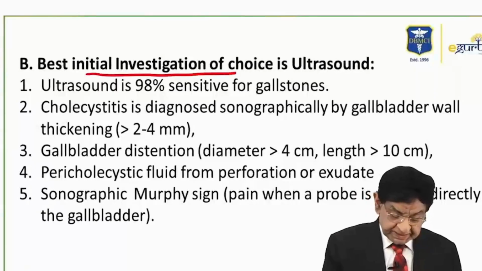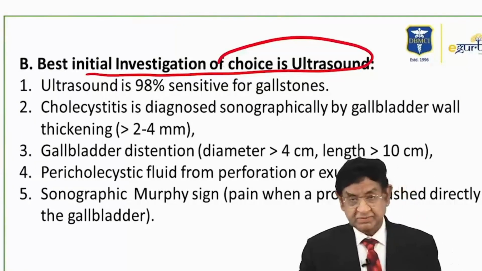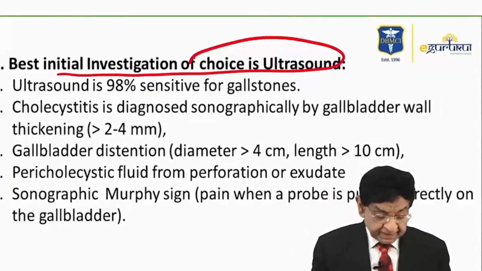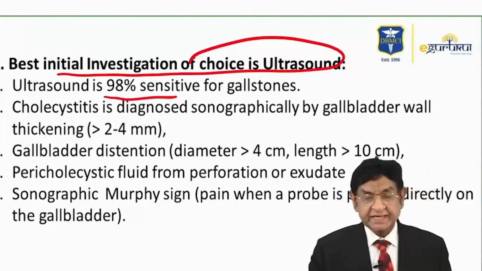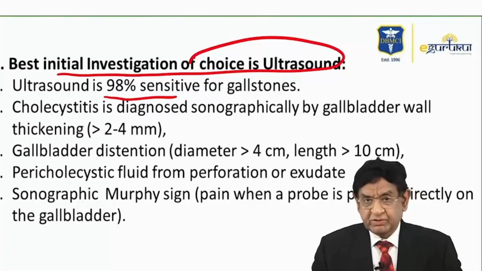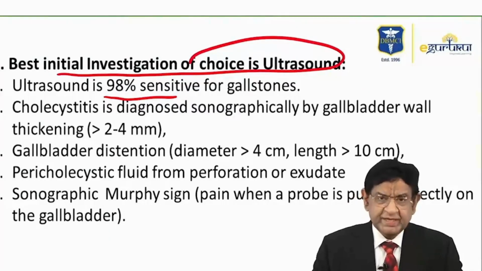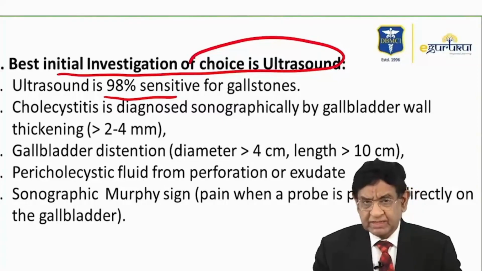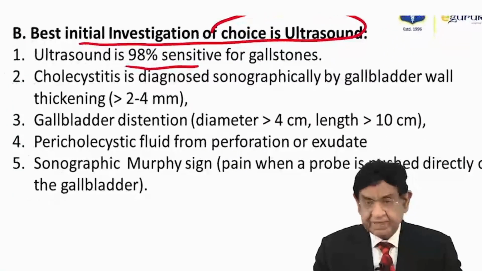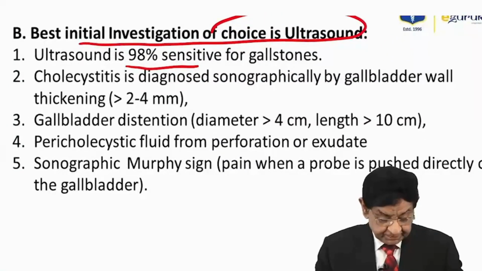The best initial test is ultrasound, and its sensitivity is high, 98%. Of course, it depends on who is doing it, but by and large we presume that a good and experienced ultrasonologist is doing the ultrasound, and they can pick up 98%.